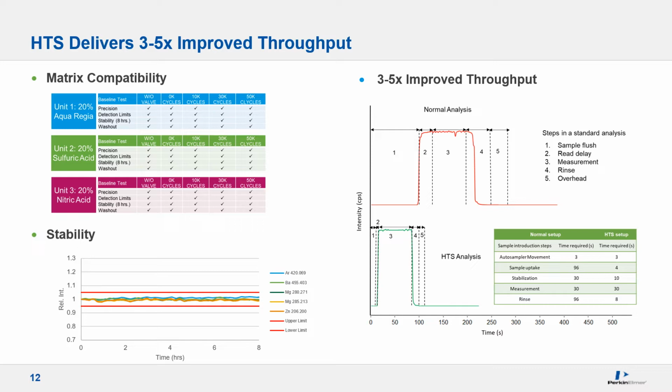In addition, countless hours of repeated injections were performed during the development to ensure reliable operation. Ultimately, with flow injection using the HTS method, throughput can be dramatically improved, with significantly less sample reaching the sample introduction system and the cones on the NexION ICP-MS.